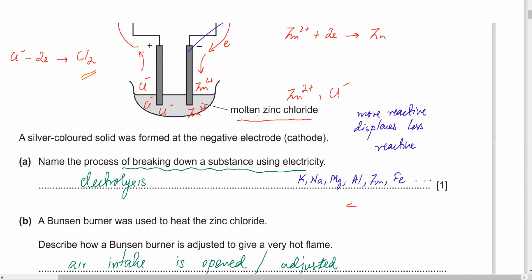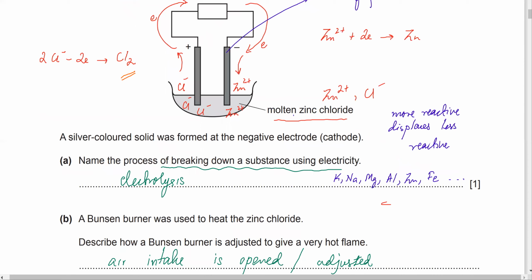Now the issue with iron is that iron is kind of high in the reactivity series. So the problem is that it's going to react if iron electrodes are used. Iron is reactive. Iron likes to lose electrons, so iron would form ions when it loses electrons.